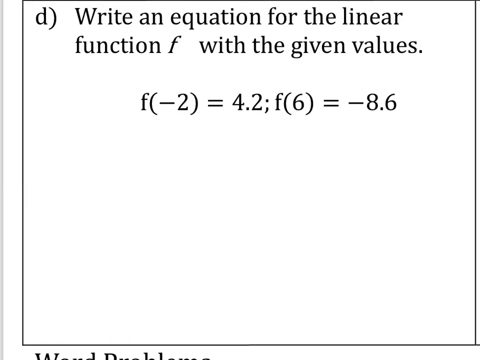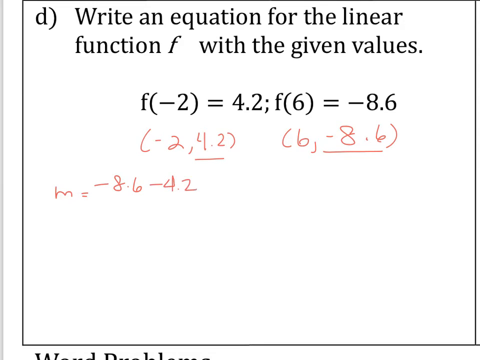Okay, and for part D, write an equation for the linear function f with the given values. So again, I'm going to rewrite these as 2 points. And once I have that set up, I can find the slope, negative 8.6, subtract 4.2, and put that over 6 minus negative 2.